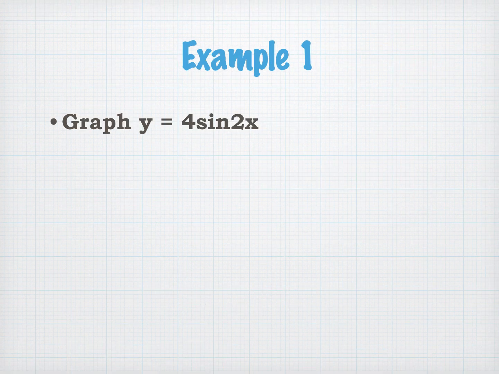Let me quickly go through one of the examples I did last week. Now this one has both an amplitude and a speed change. So remember, this number that's here is my amplitude, and the amplitude is just going to get labeled along the y-axis.